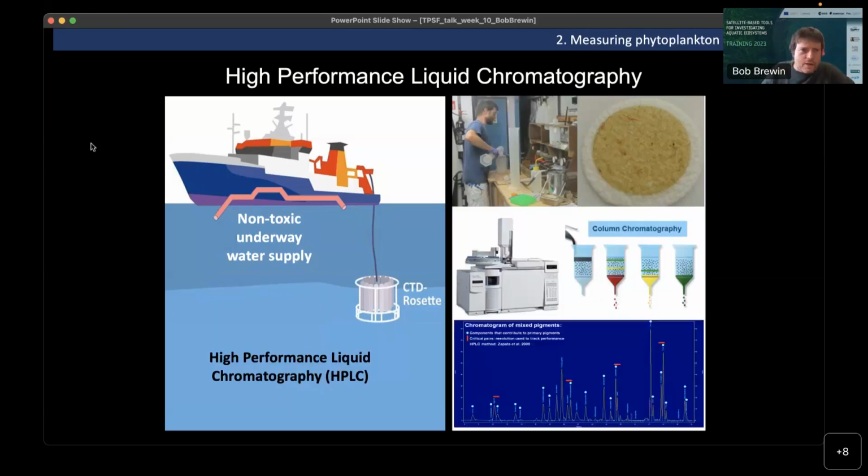Another way of doing it, which is commonly adopted in satellite validation protocols, is to use high-performance liquid chromatography.